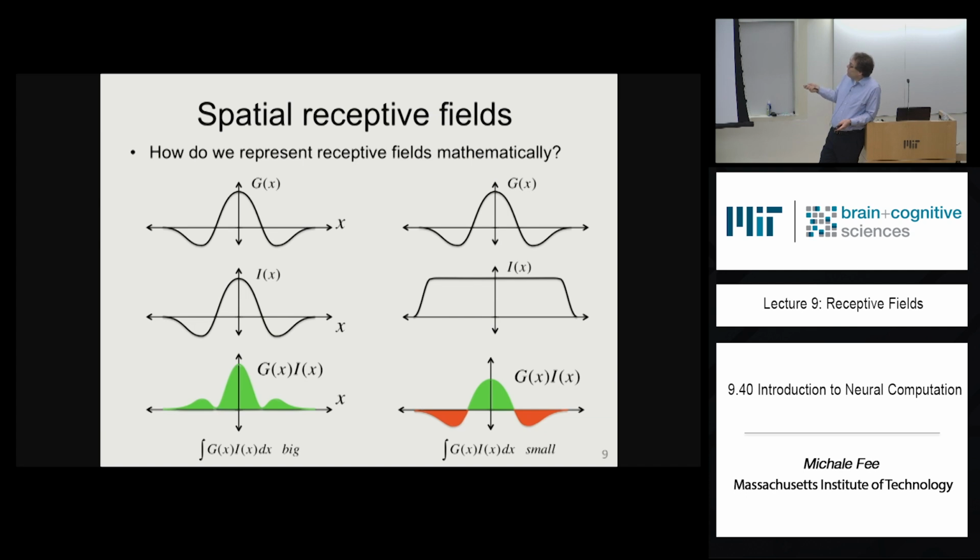If you were to have light here, and then dark here, and then light there, you would have only these negative side lobes activated. You would have no contribution from this excitatory lobe, and the integral would actually be negative. And so the firing rate of the neuron would go down.